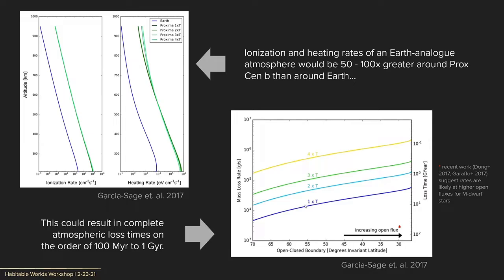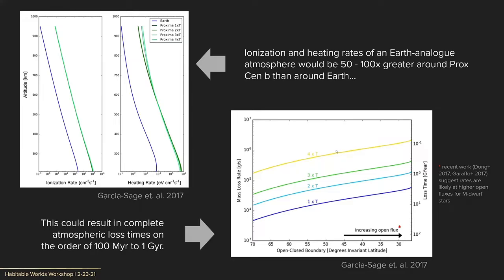So here we can see that if our Proxima Centauri Earth were to have the current temperature of our thermosphere, we're probably looking at about a 5 billion year loss time. So over the course of 5 billion years, there would be enough magnetic interaction, enough ionospheric outflow due to the magnetic interaction shown in the previous slide, to lose your entire atmosphere.